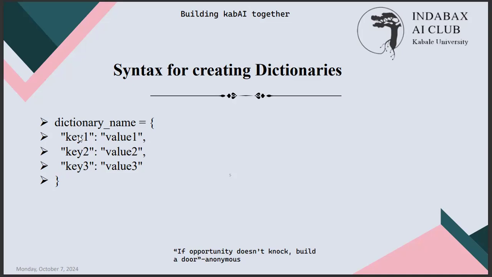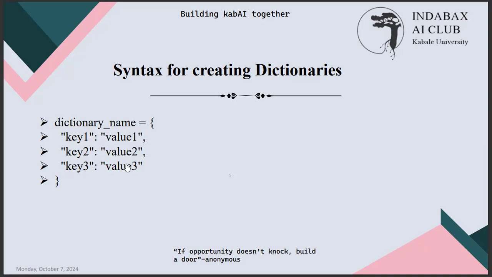As you can see here: key, value, key, value, key, value. Technically, you put your key here like this, then a colon, and then a value, then a comma, another key, colon, its value, comma, the third key, colon, its value, and so on and so forth. So that's how you create dictionaries.